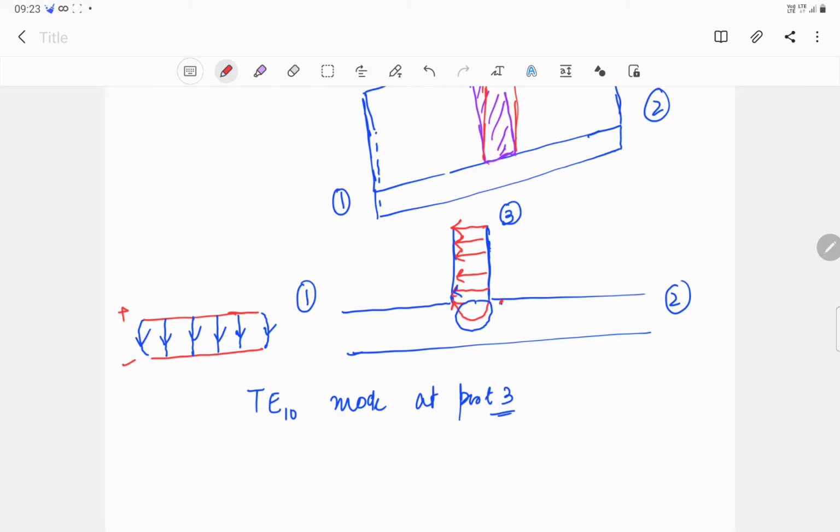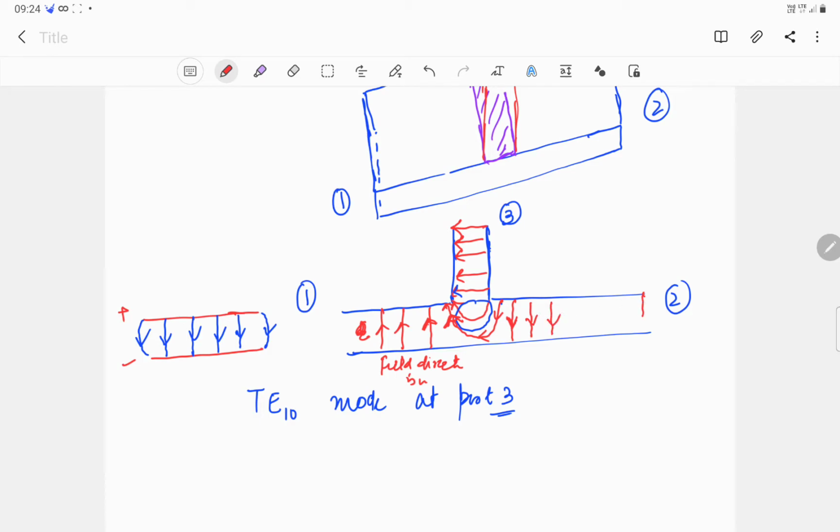This fringing is like this. On one side the arrows point downwards, but in the other arm the arrows point upwards. That is the electric field direction. The field direction is upwards on one side, while here the field direction is downwards.